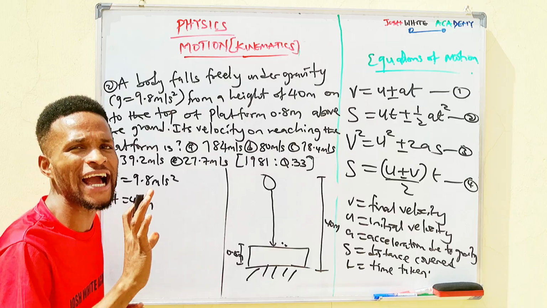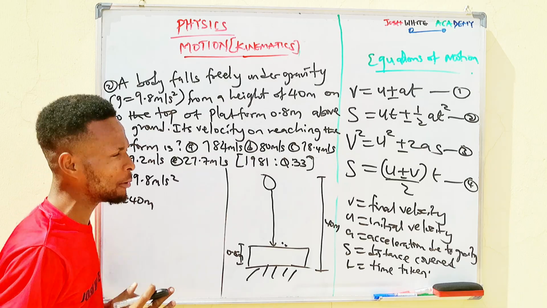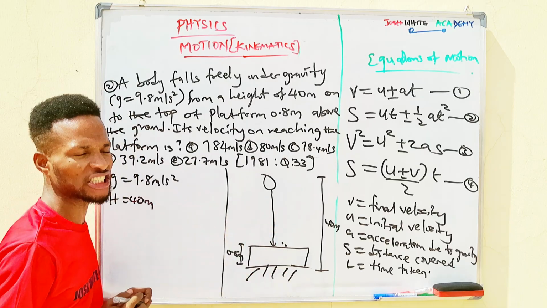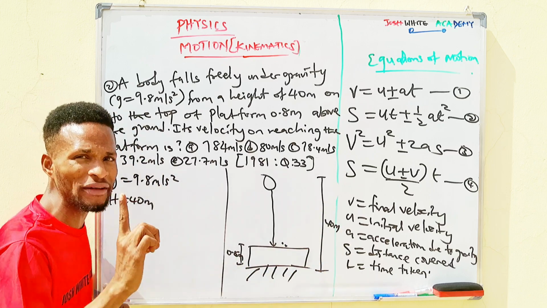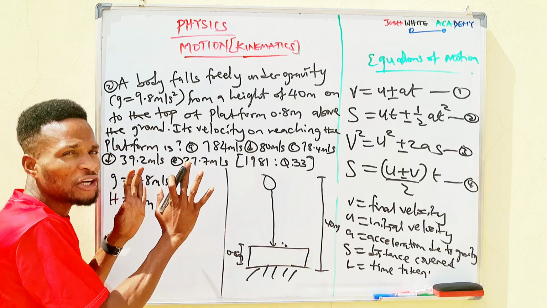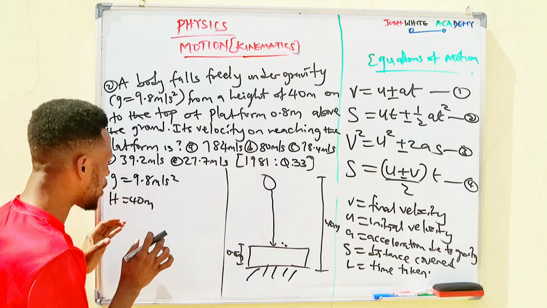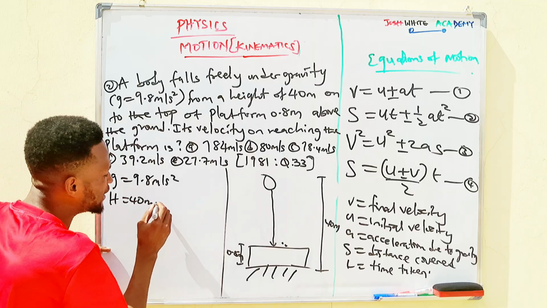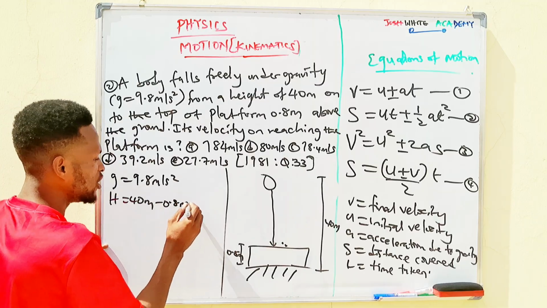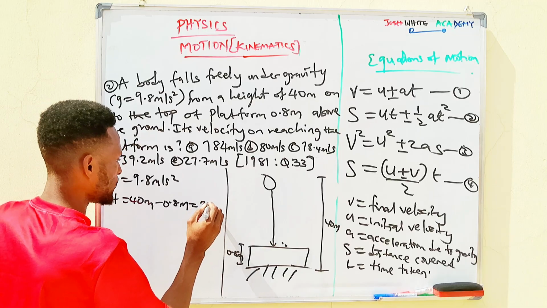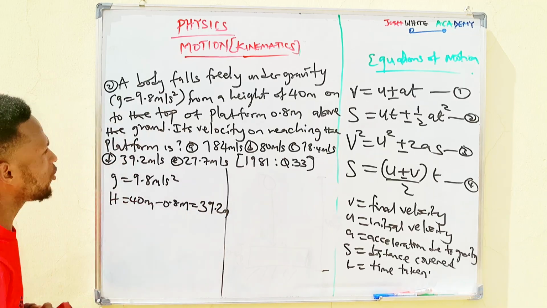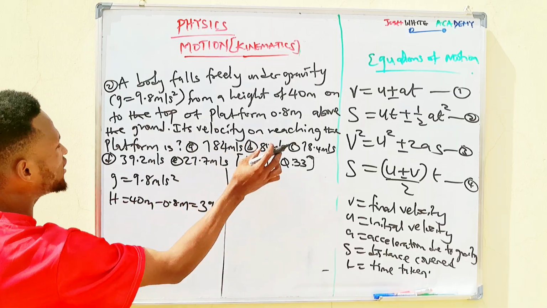So what will be the height that the body will cover to strike this platform? It will be 40 minus 0.8. So please take note. Understanding questions is very crucial. So our height now will be 40 meters minus 0.8 meters, which will give us 39.2 meters.